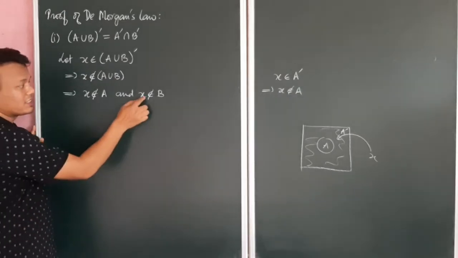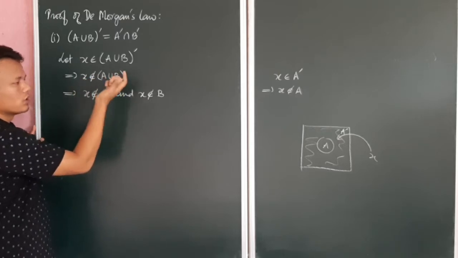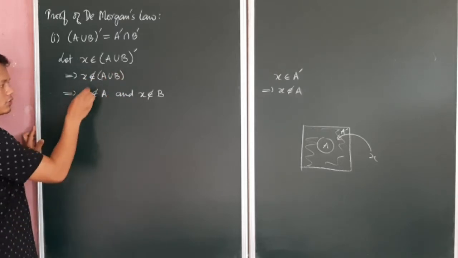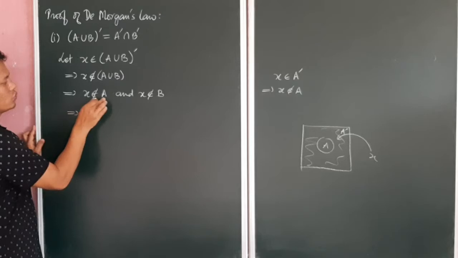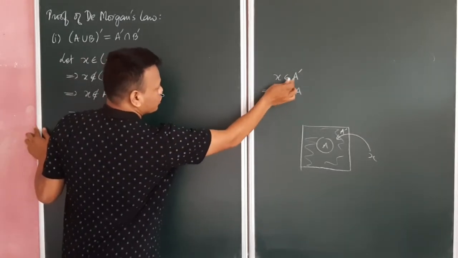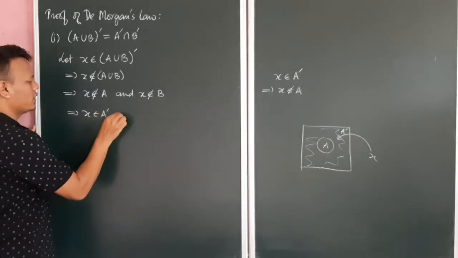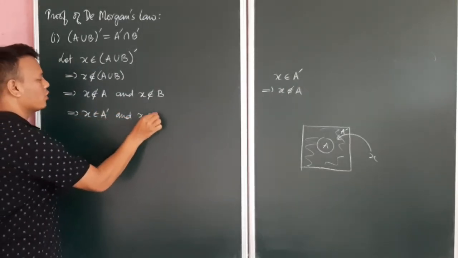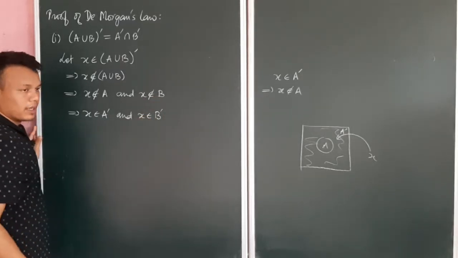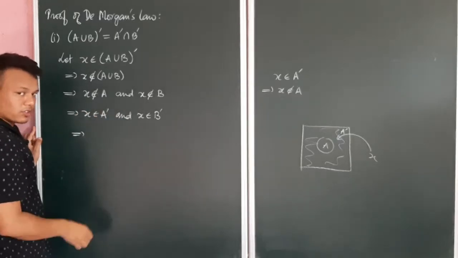If x belongs to B, then x belongs to their union, isn't it? So that's the meaning of this. Now, x does not belong to A means what? If x does not belong to A, then x belongs to its complement. So x belongs to A complement and x belongs to B complement. Now there is a belongs to sign, so that's why this and becomes intersection.